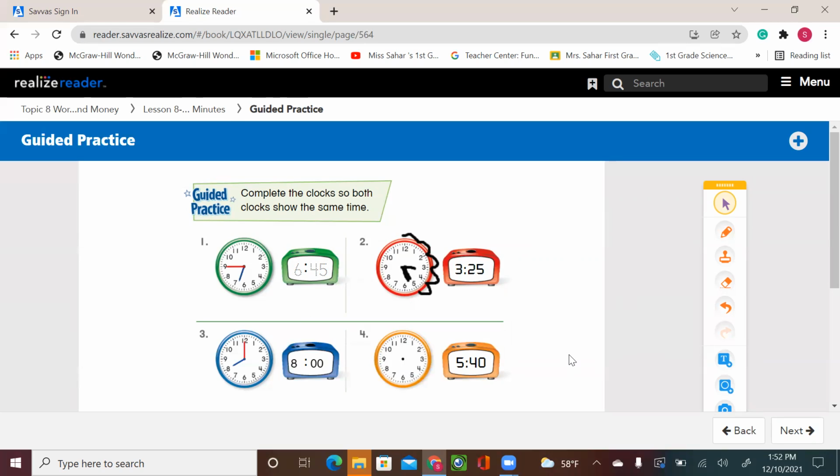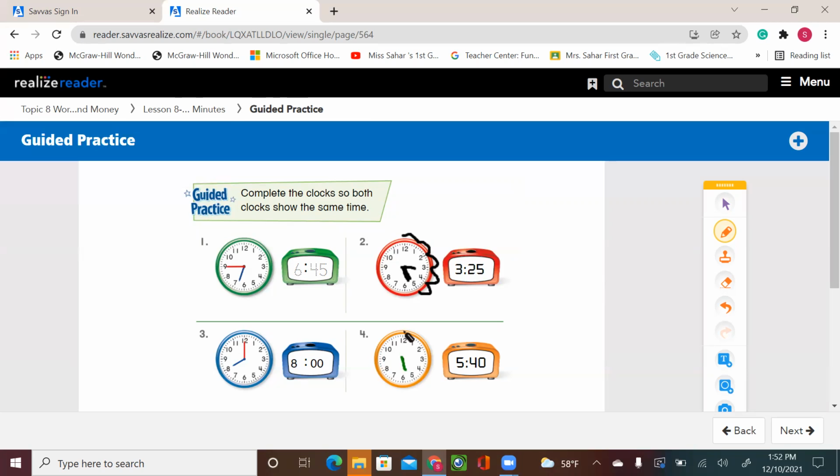It's 5 o'clock and 40 minutes. So now I know that my hour hand will be between 5 and, very good, 6. Why? Because it's 40 minutes after 5. So the hour hand is moving a little bit. So let's put my hour hand between 5 and, let's use green, between 5 and 6. And then I need 40 minutes.